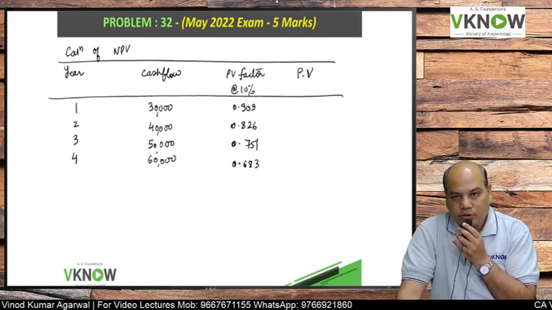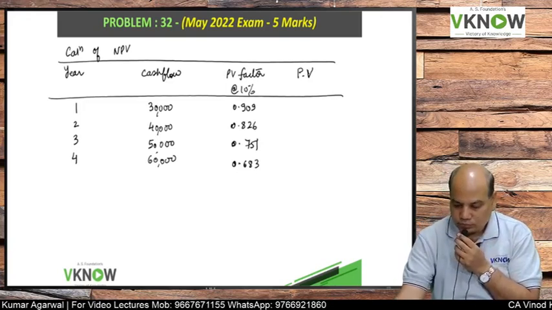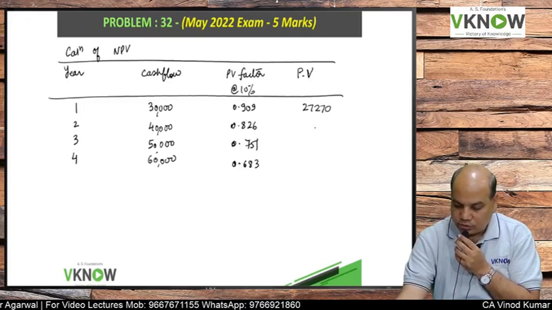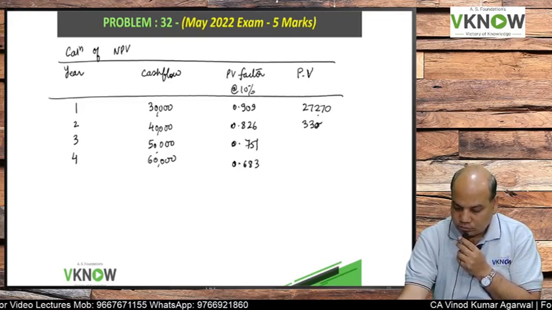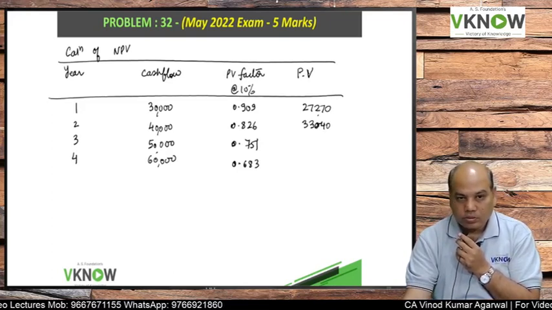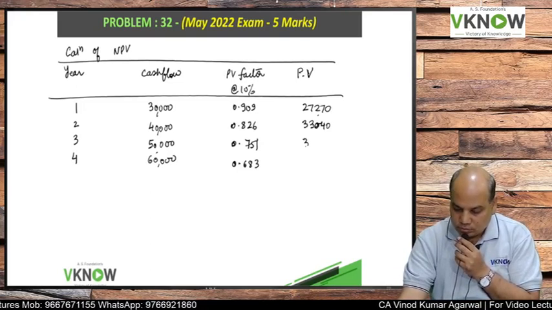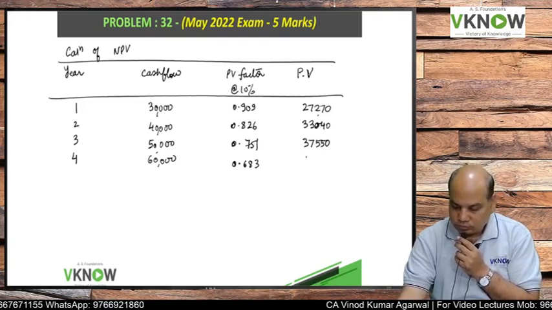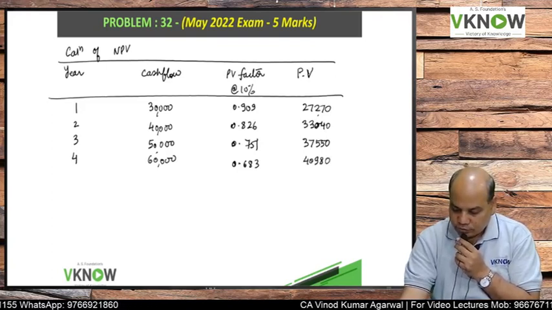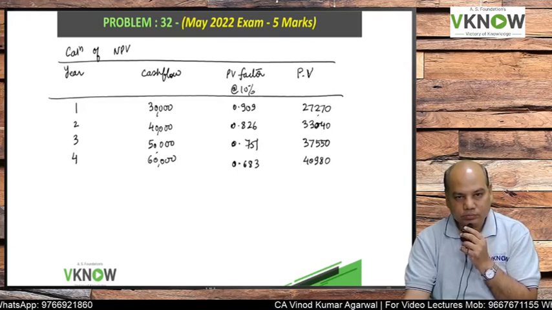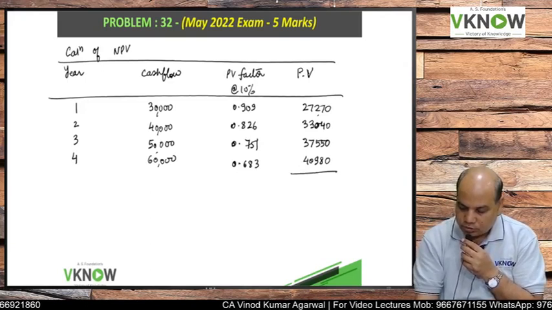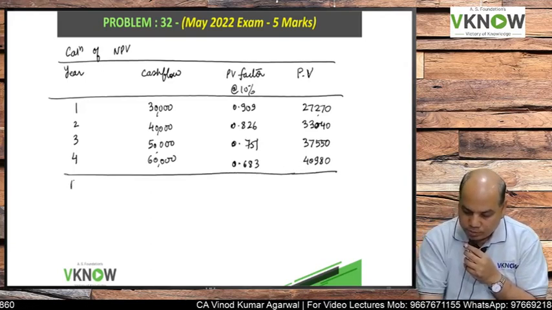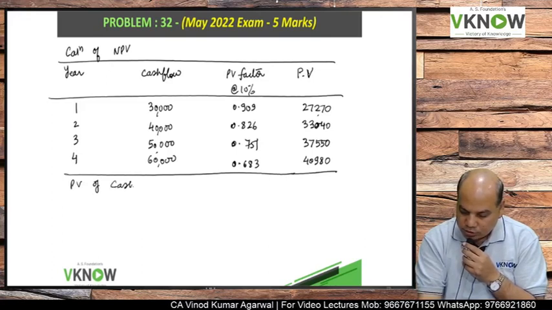30,000 into 0.909 is 27,270. Very good. 33,040. 37,550. 40,980. So this will be called PV of cash inflows.